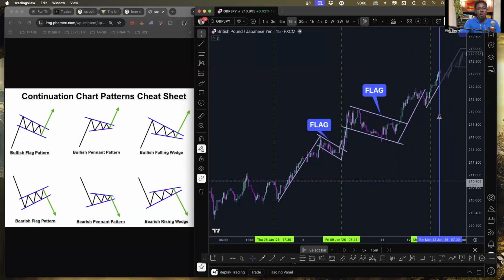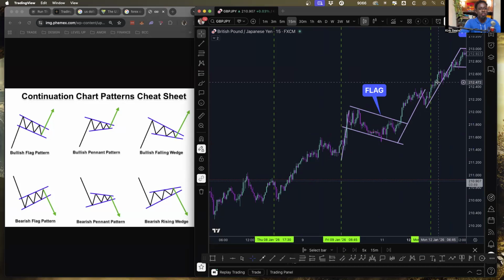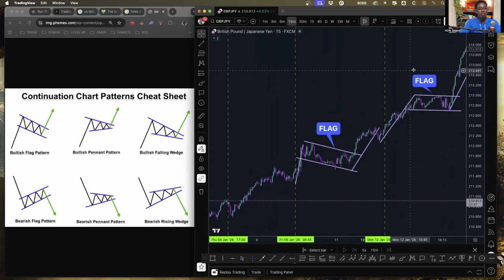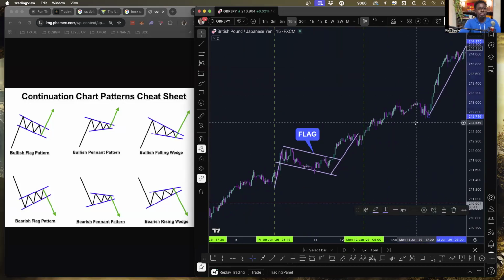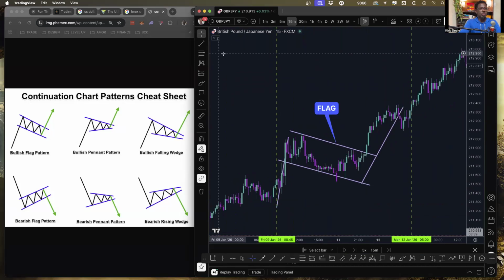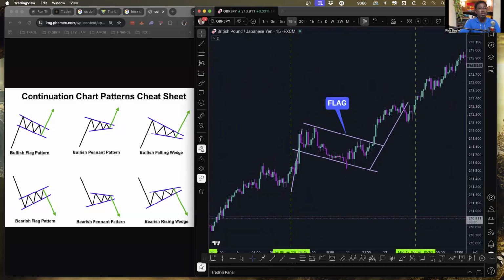All right. So I'm going to go back in time and we're going to look at this particular flag right here. All right. We're going to be in between these two green lines.